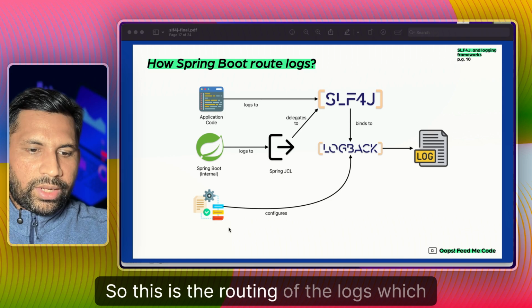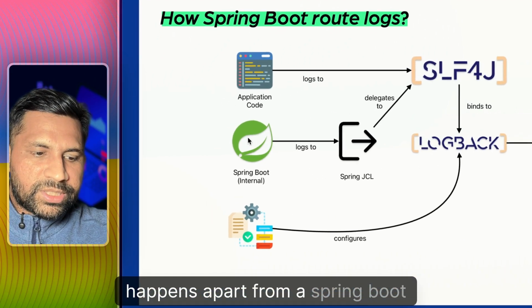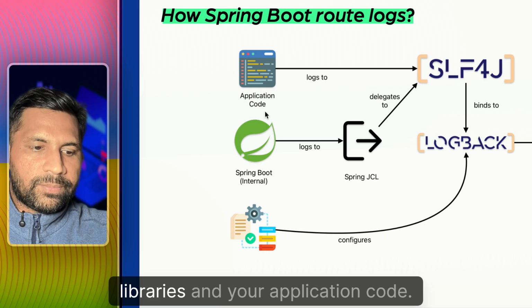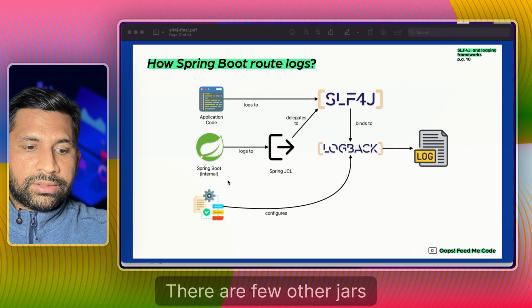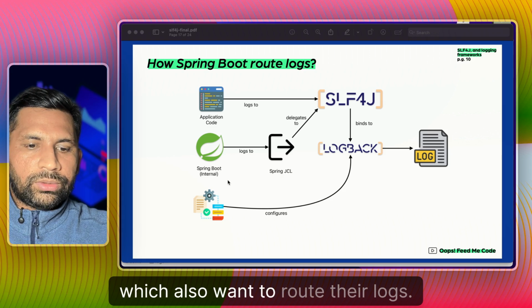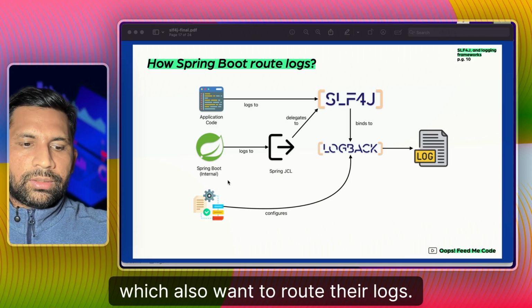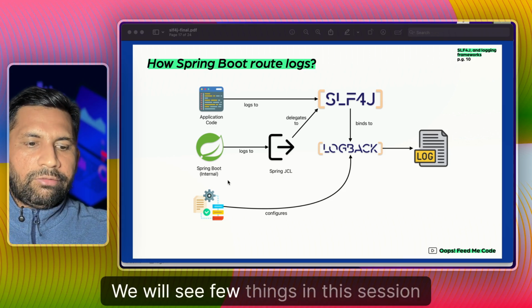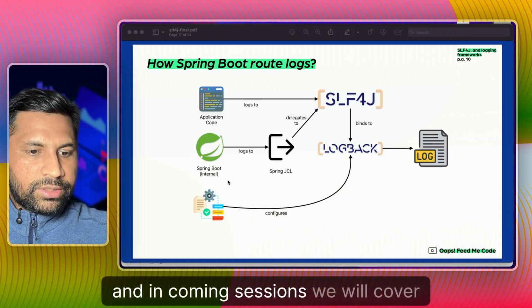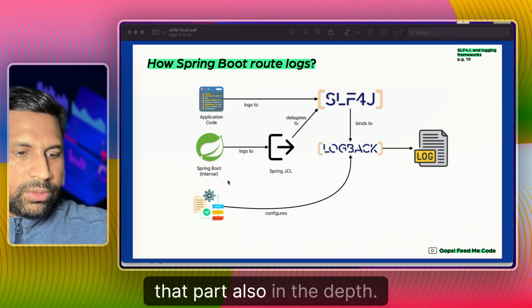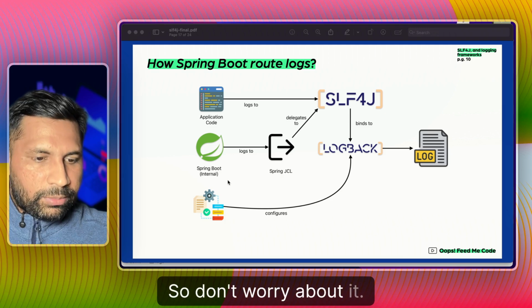So this is the routing of the logs which happens for the Spring Boot libraries and your application code. There are a few other jars which also want to route their logs. We will see a few things in this session, and in coming sessions we will cover that part in depth, so don't worry about it.